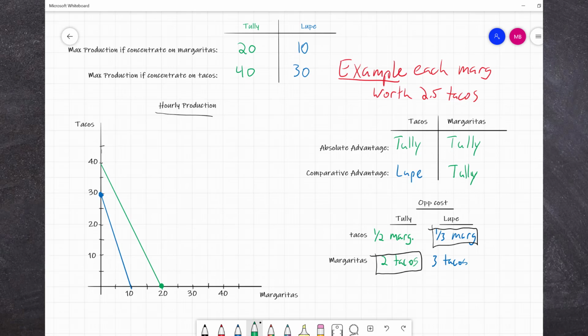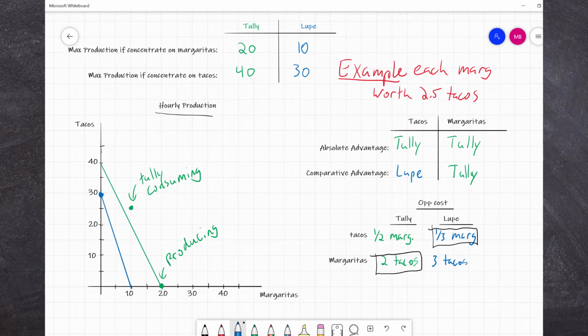So Tully would be consuming out here and he'd be producing down here. Notice that through specialization and trade, he got outside of his individual production possibility boundary.